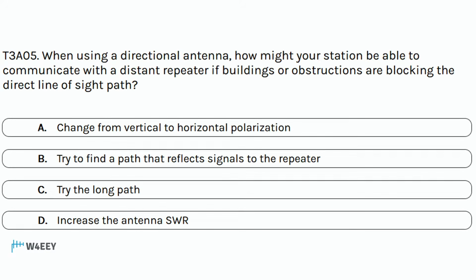And when using a directional antenna, how might your station be able to communicate with a distant repeater if buildings or obstructions are blocking? Bravo. Yeah, it's like my WSPA reception problem that we worked up.